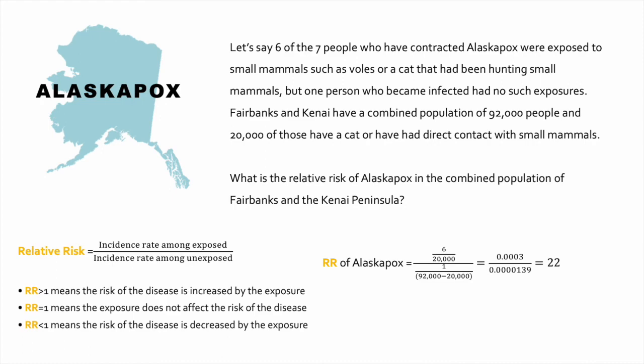So the relative risk of Alaskapox is 22 times higher among people exposed to a cat or small mammals in Fairbanks or the Kenai Peninsula compared to the general population there.